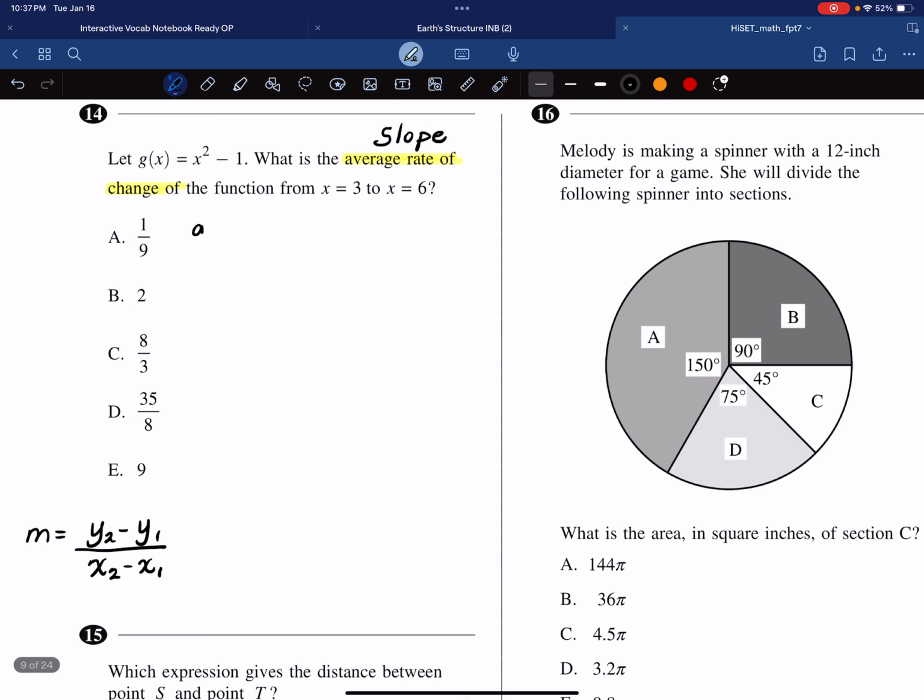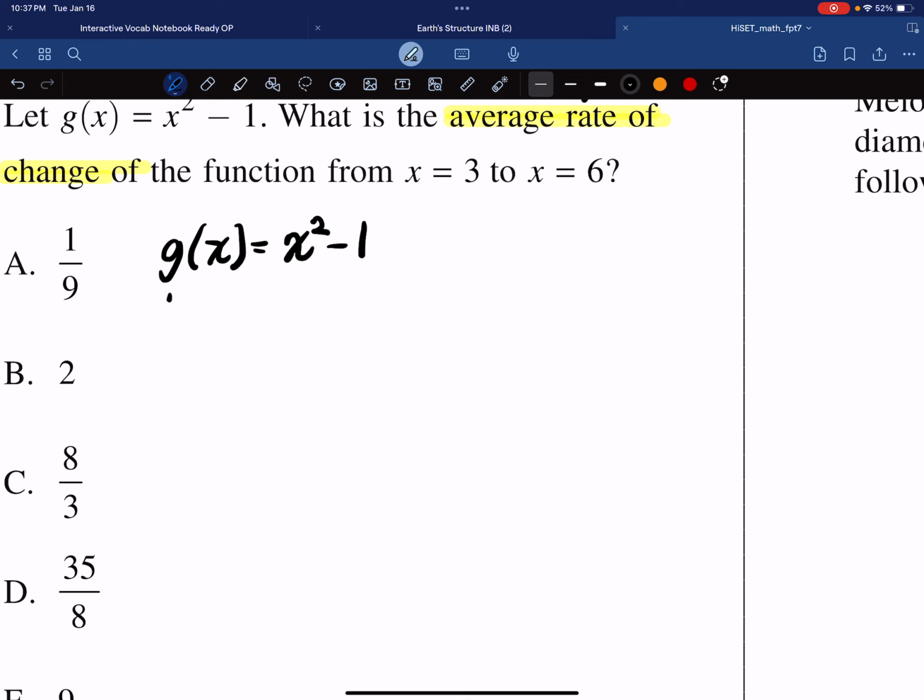So I'm going to use g of x. That's the formula. Let me just write it out the first time. And then I'm going to substitute my 3 in there. So I'm going to say when x is 3, what happens? So we have 3 squared minus 1, and that's going to be 9 take away 1, which is 8.